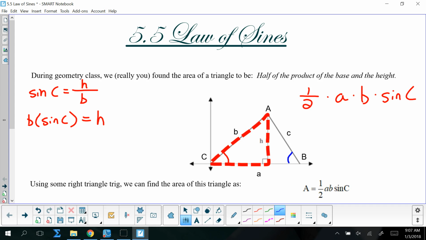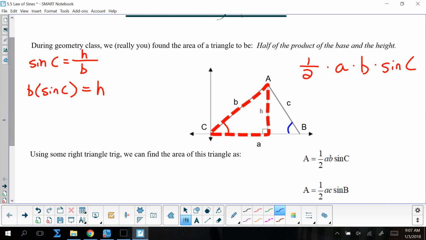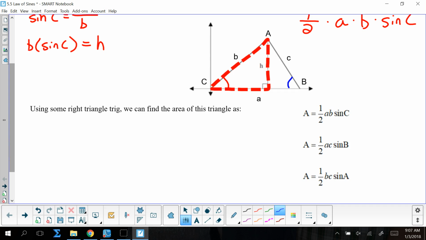Right? So we'd get that one. But what if we don't like angle B? What's my other choice? Go to angle A. Now my height's going to change if I go to angle A, but the process is going to be the same, and so I get that. Right?